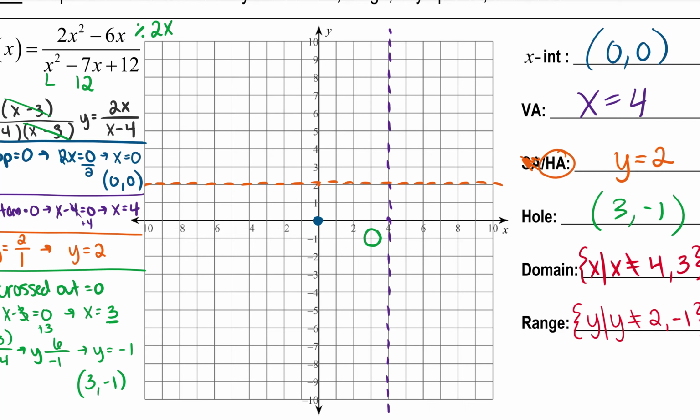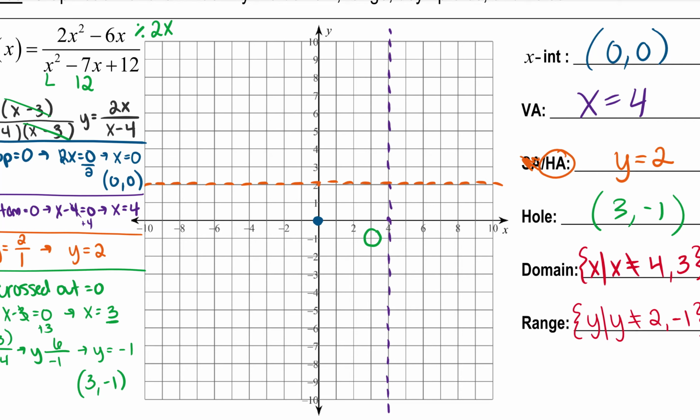But that's why we find the x-intercept at least, and then the hole if you have one, because see where I have a point. Now don't draw this part. I have a point right here. Okay. So here's a point that I have. If I have a point in the bottom left corner, that means my graph has to be in the bottom left corner.